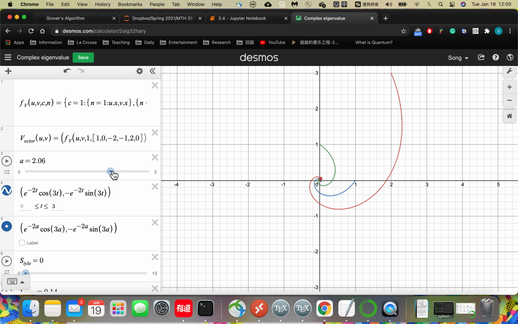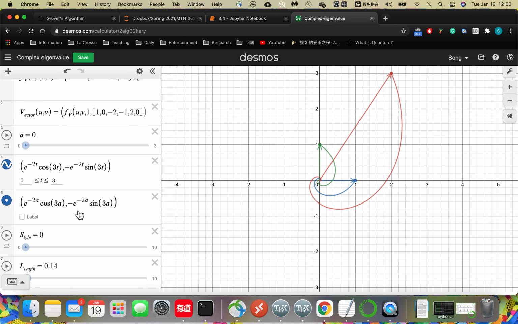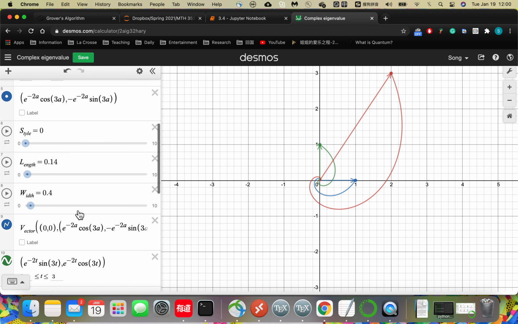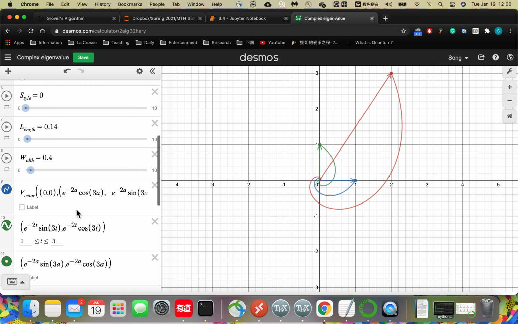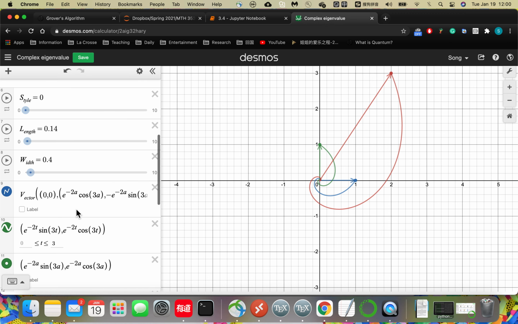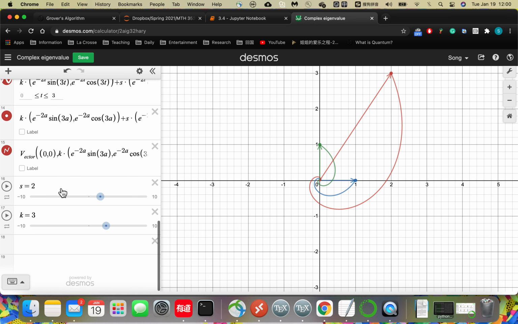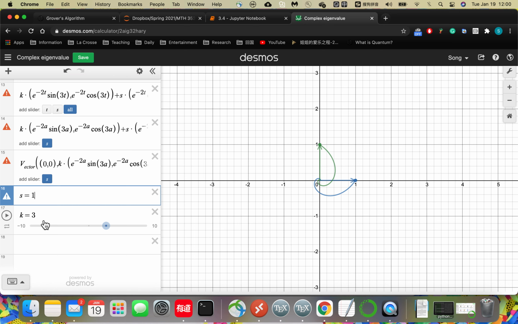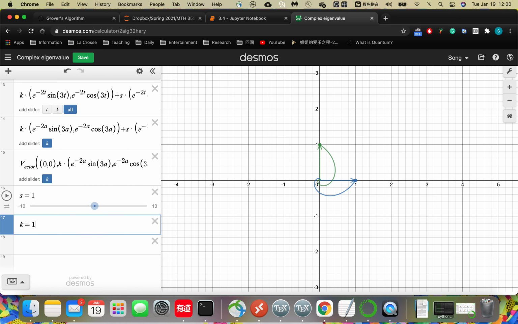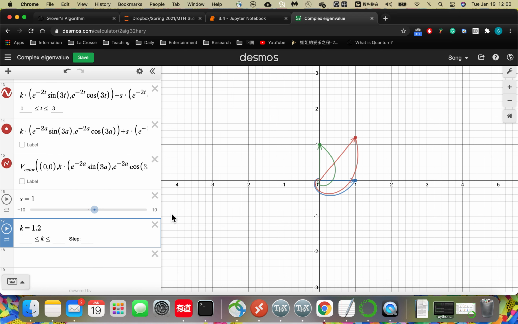All right. What if we take another solution? We don't take 2 and 3. We take 4 and 5, or maybe 1 and 2, because our constants C1 and C2 can be anything, right? We just take 1 and maybe 1.2. Then we simply have another spiral.